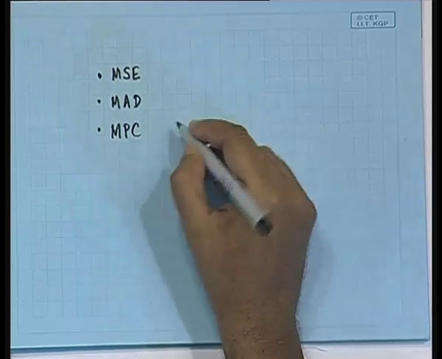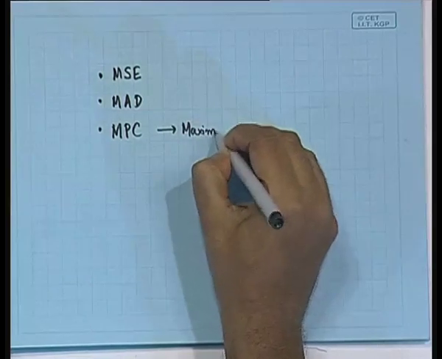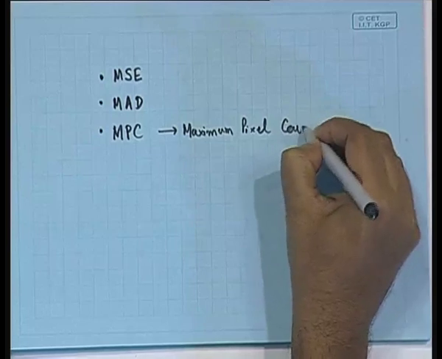We had also mentioned that there is a third criterion, the MPC, which stands for maximum pixel count. This is a matching measure.